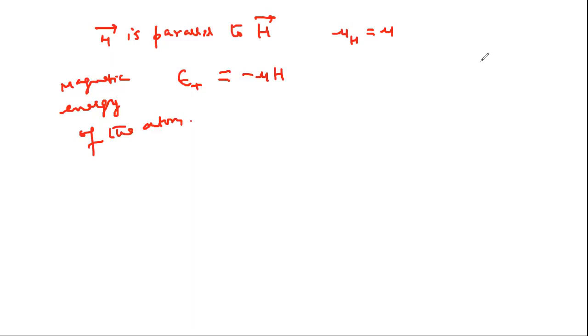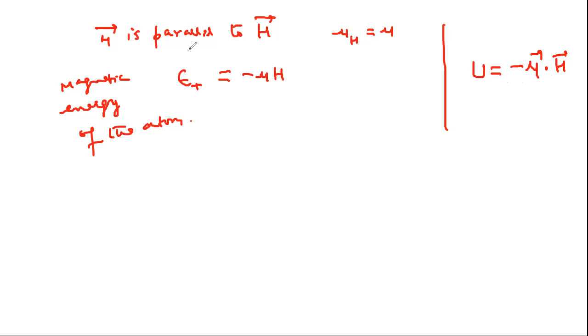Remember this relation: when you place a magnetic moment in an external magnetic field, you have the expression U is equal to minus mu dot H. So we express this as a dot product. When mu is parallel to H, the energy becomes minus mu H because cos 0 is 1.